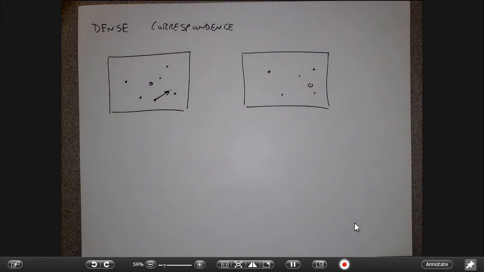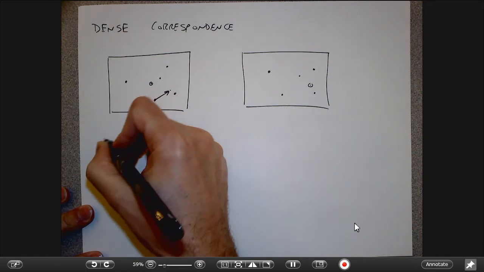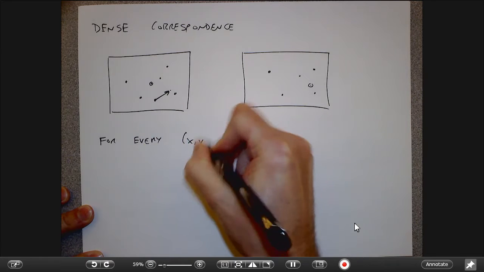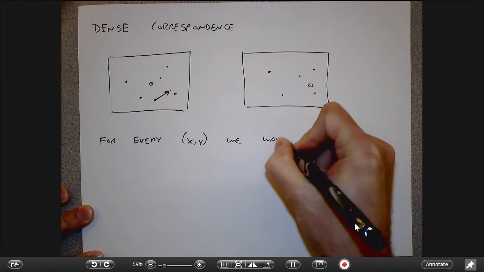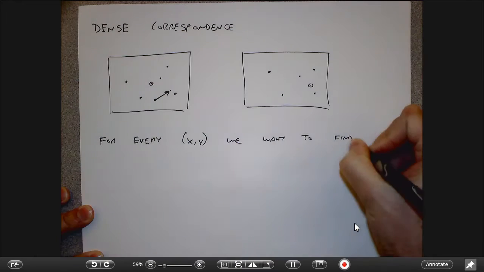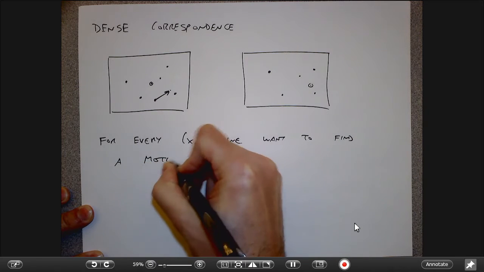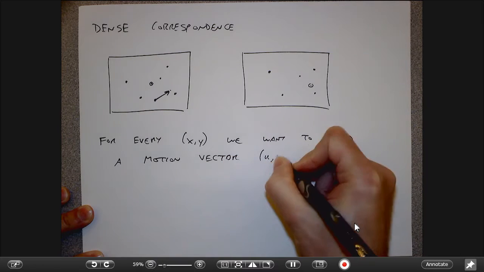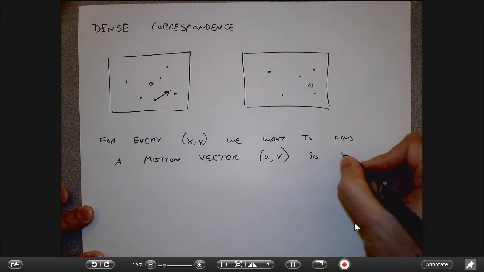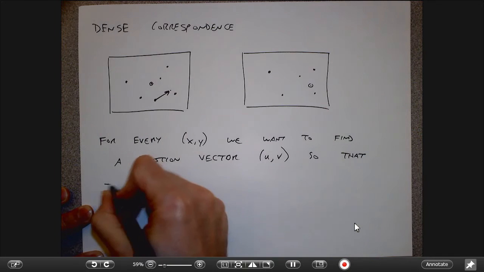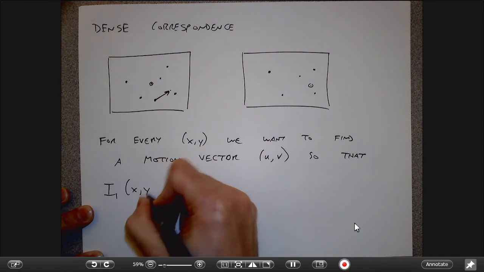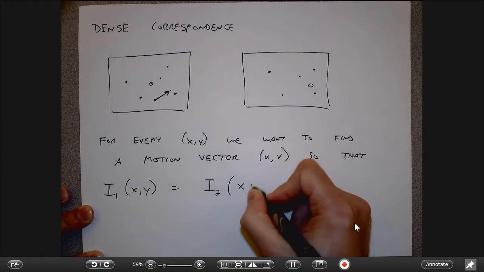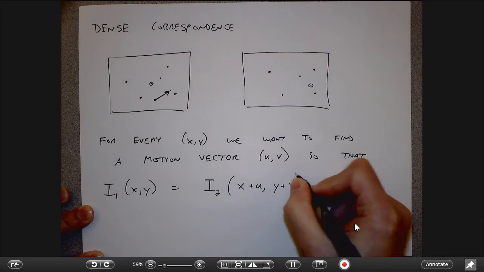So mathematically, what I mean is that for every pixel xy, we want to find what I would call a motion vector, which I'm going to call uv, so that image 1 at the xy position corresponds to image 2 at the x plus u, y plus v position.